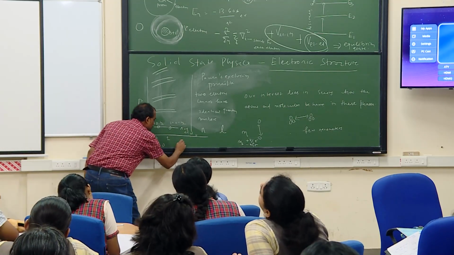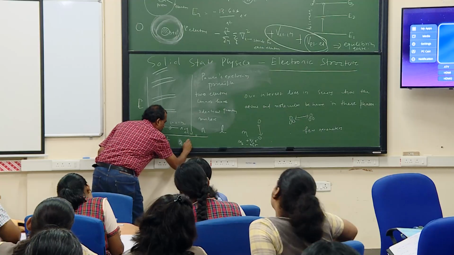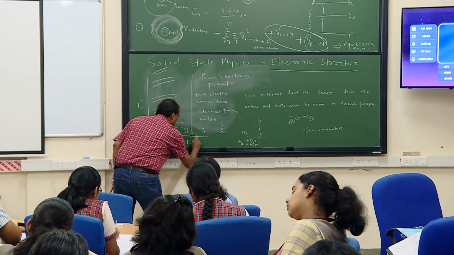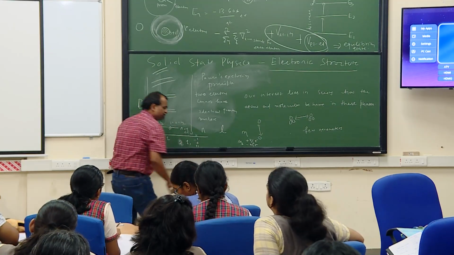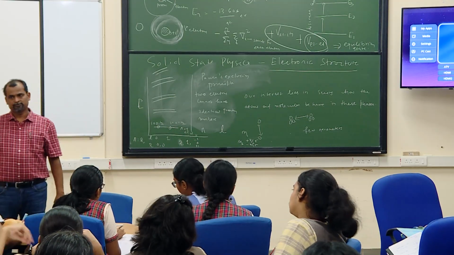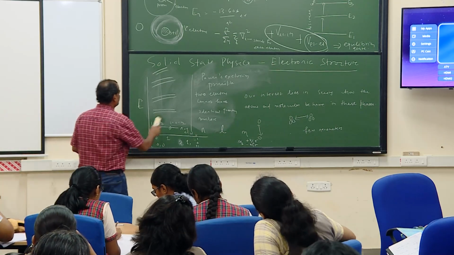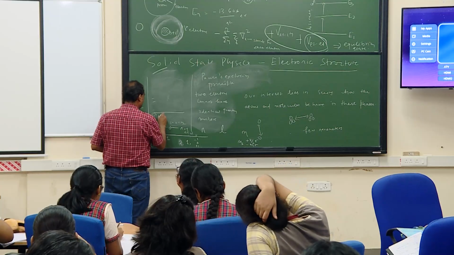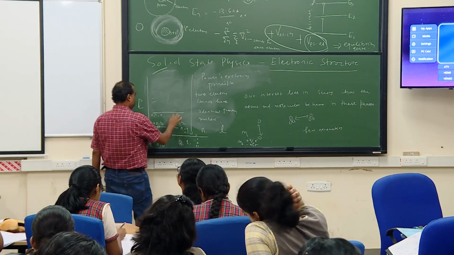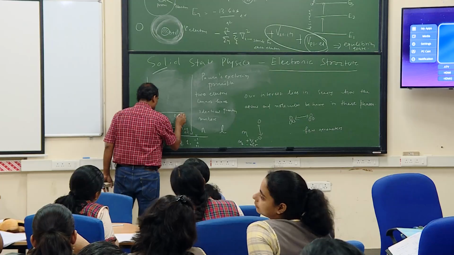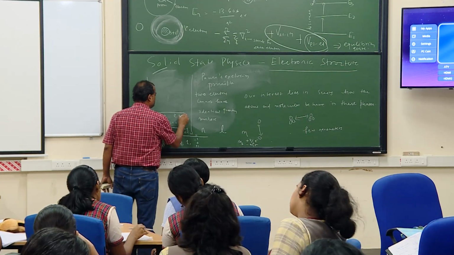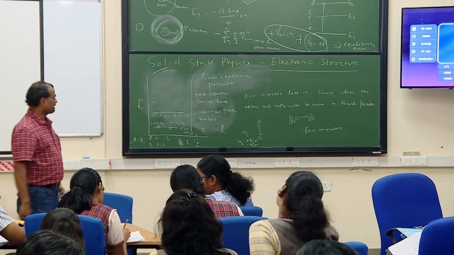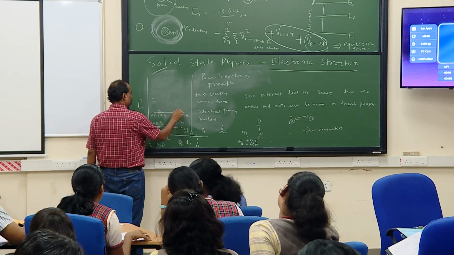And if you have 2, 1, then M can be minus 1, 0, plus 1. Correct? Okay. So the next step we can define as 2, 0, 0, plus half and 2, 0, 0, minus half. You have two spins. You got 2 electrons occupied.